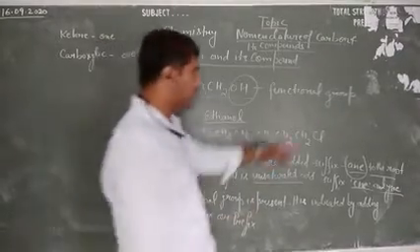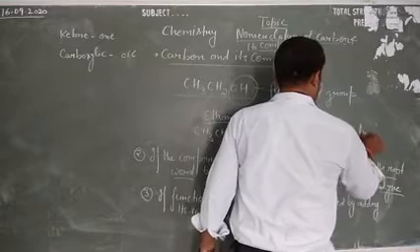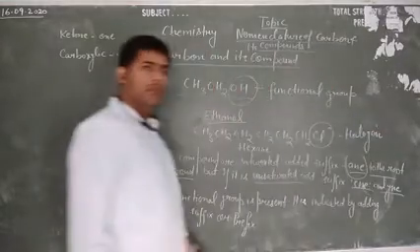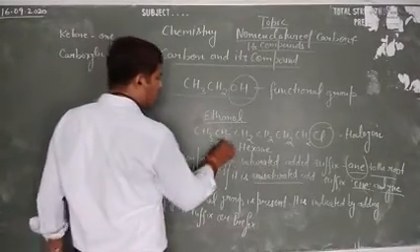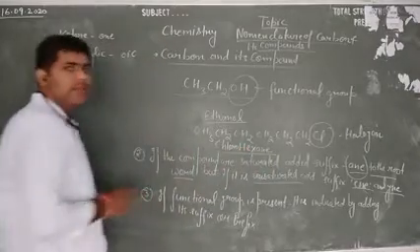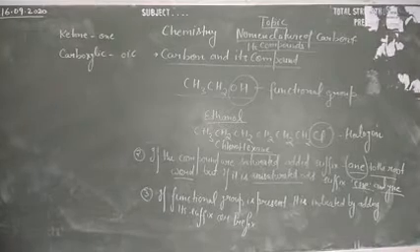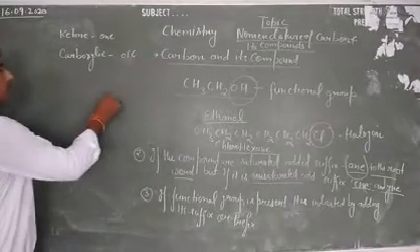But in the end, what do you observe here? A halogen group is present. Which functional group is present? Halogen. So what is the name of the given compound? Chlorohexane. Okay, my dear student, what name have we given? Chlorohexane.